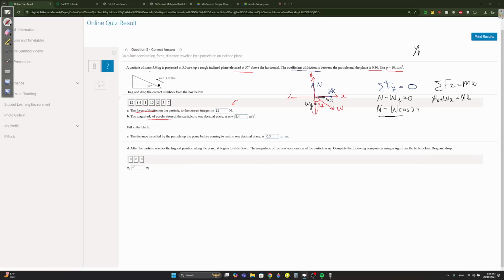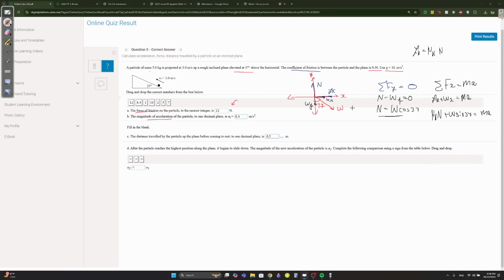Fk, what is kinetic friction equal to? Mu k times N. So mu k times N plus Wx, what is it? It's going to be W sine 37 is equal to mass times acceleration. Mu k N. Let's substitute.